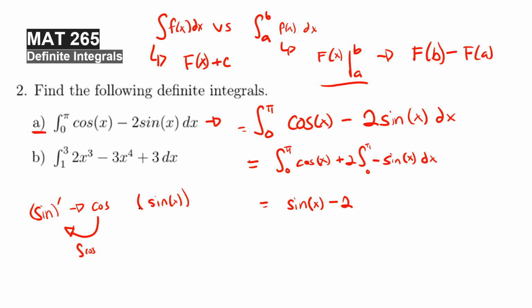What do we take the derivative of to get a negative sine? Well, if we take the derivative of cosine, we get negative sine, right?